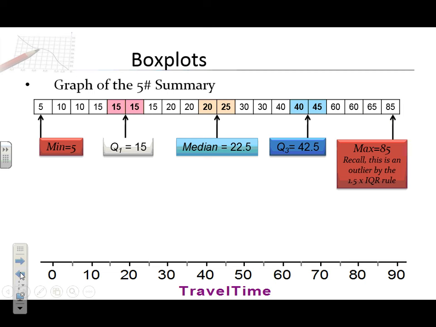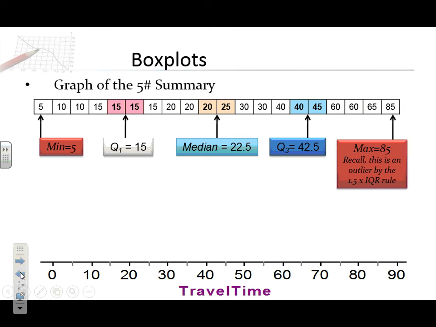That accounts for the 5 at the bottom and the 85 up top. We do need to include the outliers in the graph, but they're going to come in at the very end. So we do need to make sure we account for those on that number line.